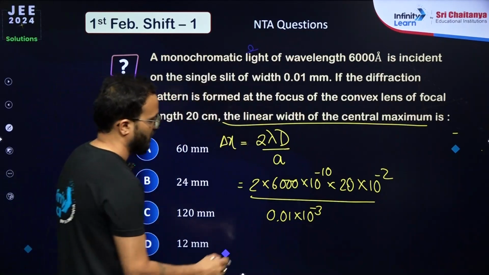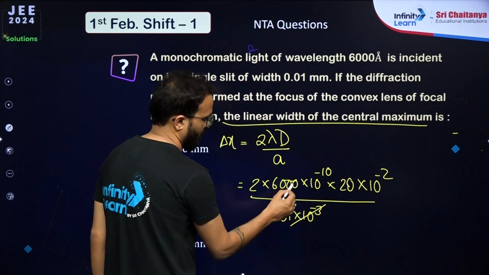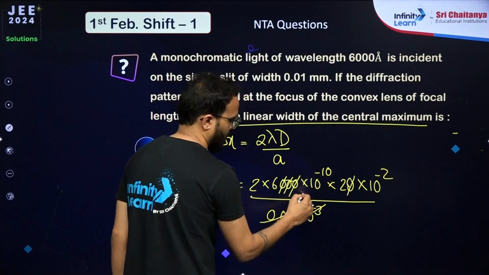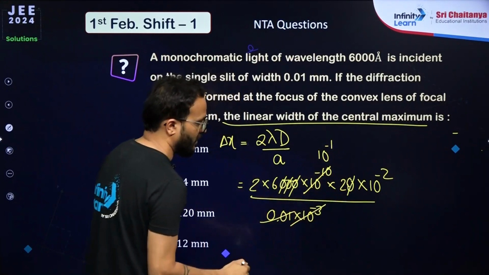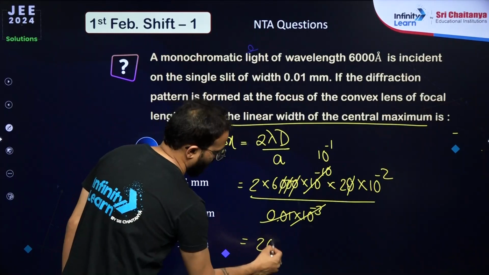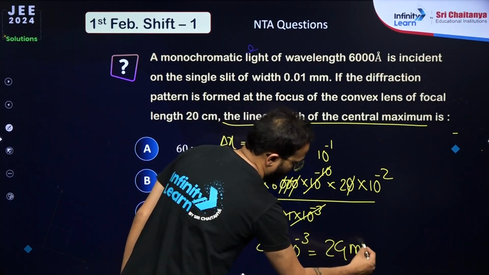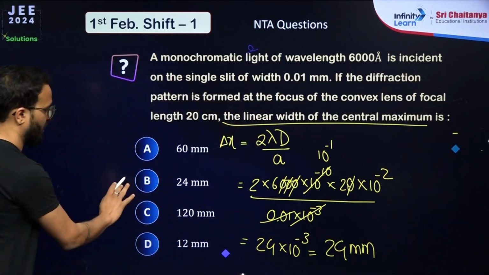Right? So overall it will be 24 into 10 to the power minus 3, which will be 24 millimeter. This will be the correct answer.